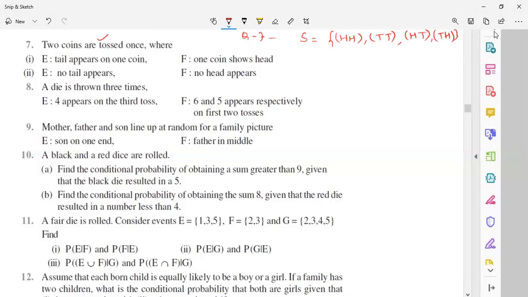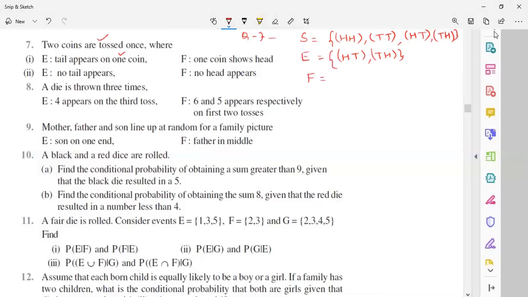E: tail appears on one coin. Event E, tail appears on one coin, means only one coin. That means head, tail and tail, head. Represented by event E.